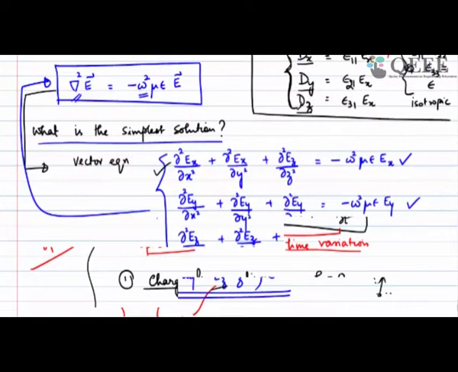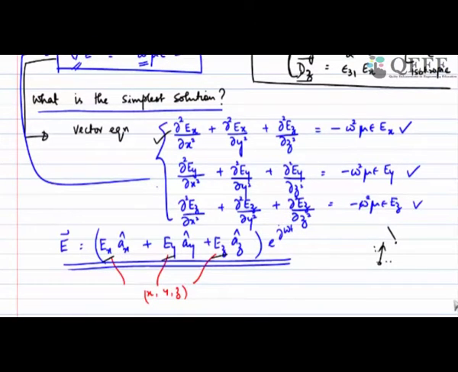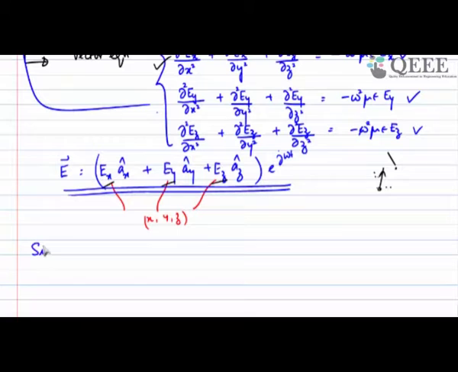So if I find an E which satisfies these equations, I have found an E which satisfies all four Maxwell's equations. We are going to find the simplest solution by trial and error: x component, y component and z component. I don't have a t because I have already assumed it is e power j omega t.